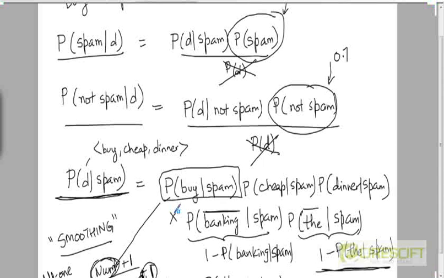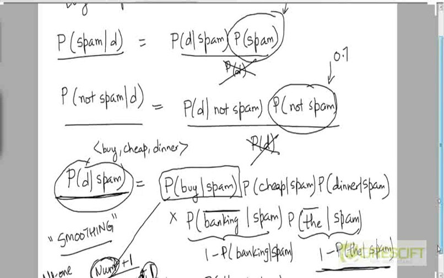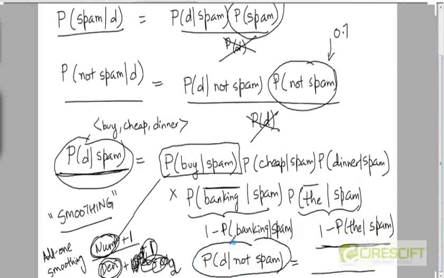So again, what matters is not whether this guy is greater than this guy or not. At the end of the day, what matters is whether the relative values of this and the other value remain the same or not. That's all we care about.